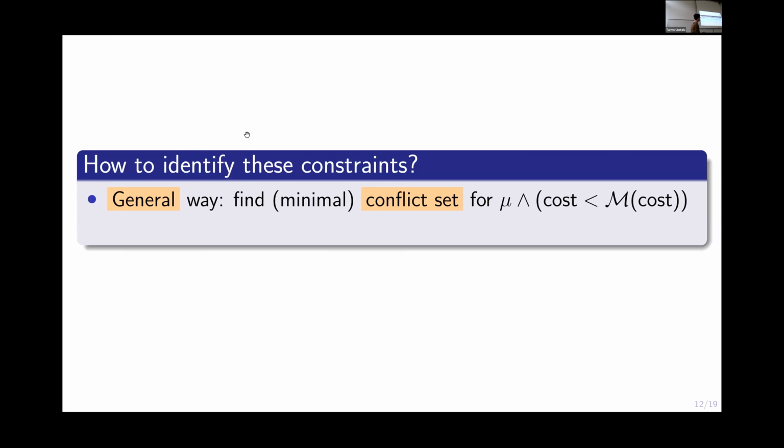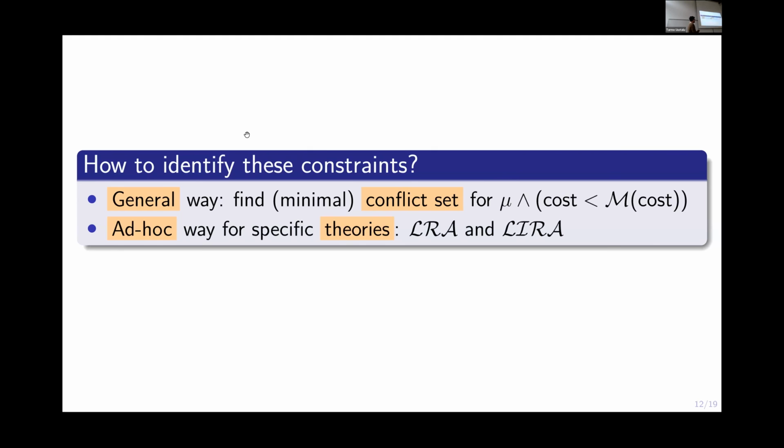So an unsat core is a subset of the constraints that causes the unsatisfiability. So this is the general way. The only problem is that it can be costly for some theories. But for some theories, we can actually have this information for free from the minimizer. And we'll show this for linear arithmetic over the rationals or mixed integers and rationals.